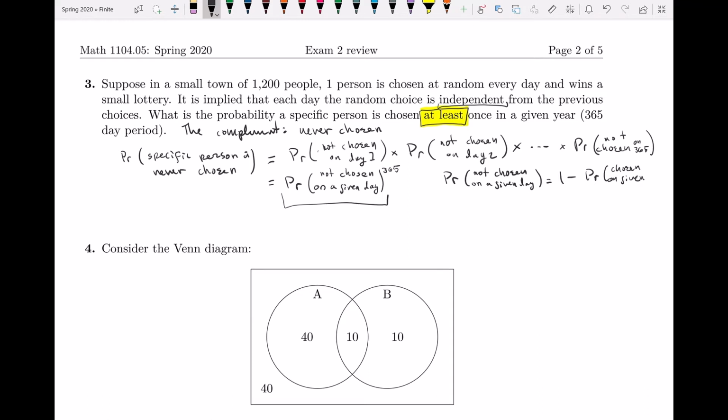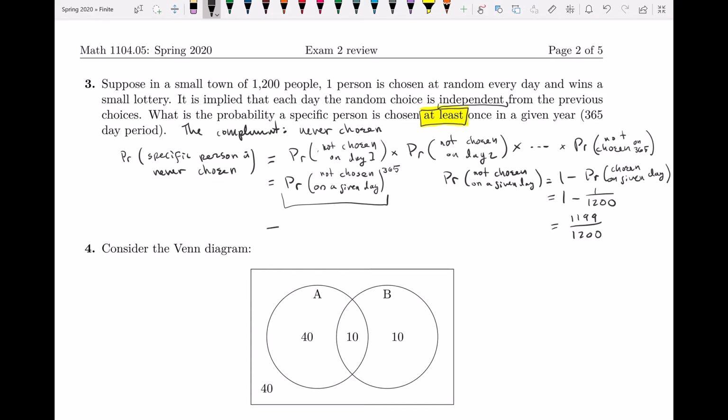And the probability that they are chosen is just 1 out of 1200. So this equals 1 minus 1 over 1200. If you do a little rearranging, that's just 1199 out of 1200.